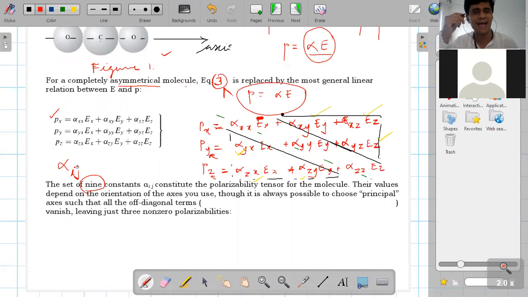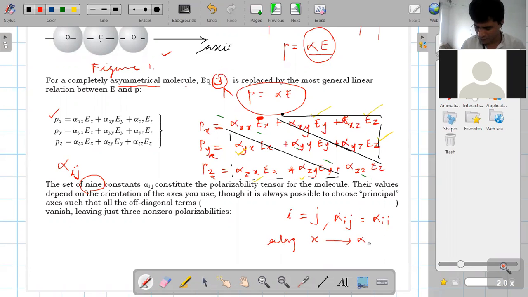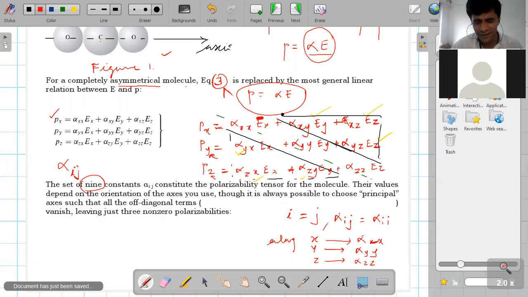Means suppose i equals j, when i equals j, we can write alpha ij becomes alpha ii. Suppose along x-axis, we can write alpha xx. Along y, we can write, dear student, is it correct? So therefore, these are the diagonal elements. Understood?